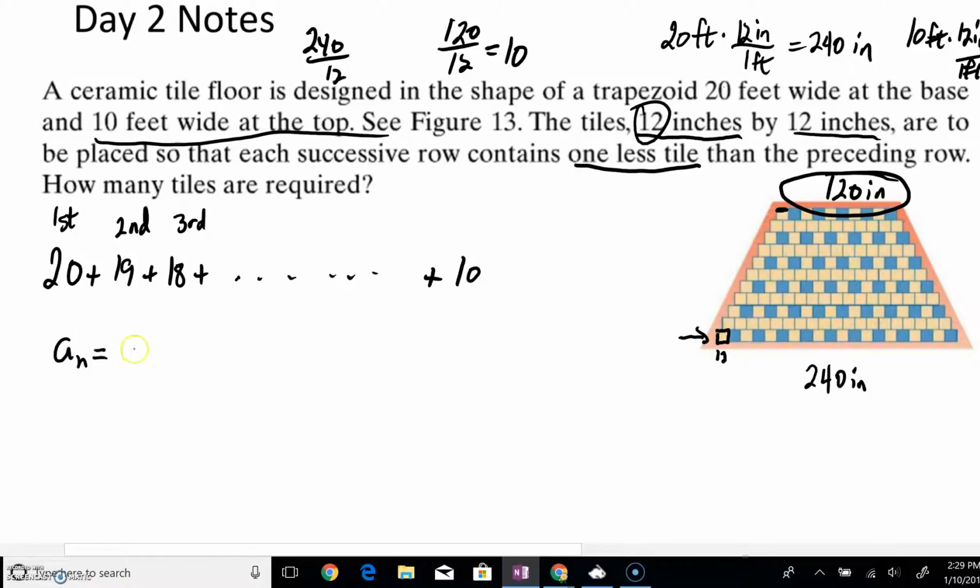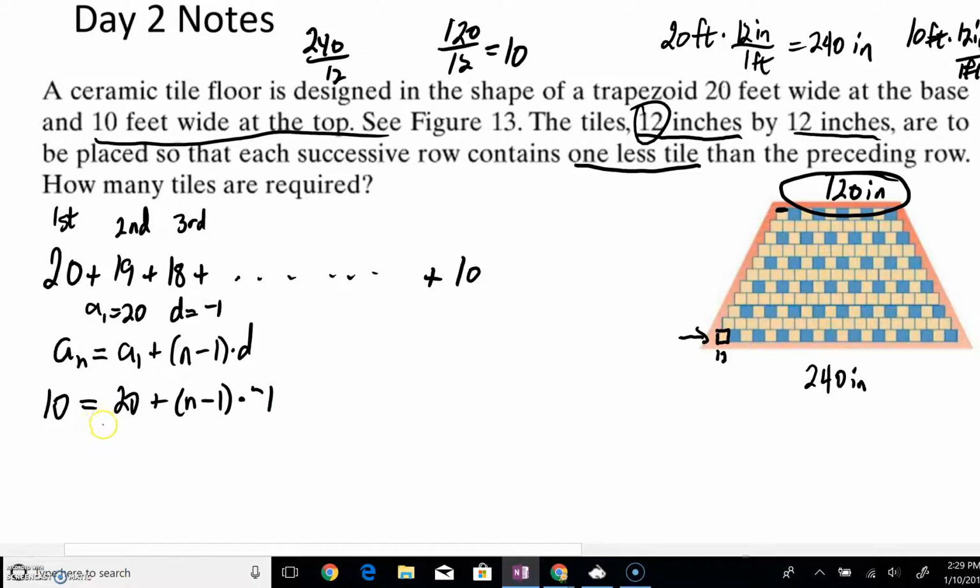Well, we've got a sub n is equal to a sub 1 plus n minus 1 times d. We know that the last term in this pattern is a 10. The first term is going to be a 20. We know that our d is equal to negative 1. We might wonder what term we are winding up with at the very end. Tell you what, I'm going to minus a 20 right here. 10 minus 20 is negative 10.